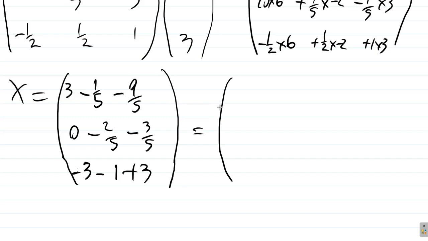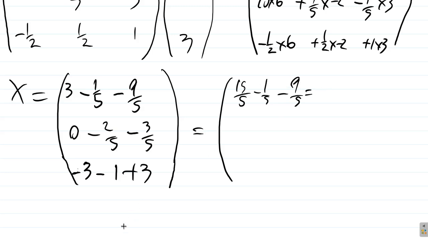3 minus 1/5 minus 9/5. Using fractions, 15/5 minus 1/5 minus 9/5 would be what? 15 minus 1 is 14. 14 minus 9 is 5.